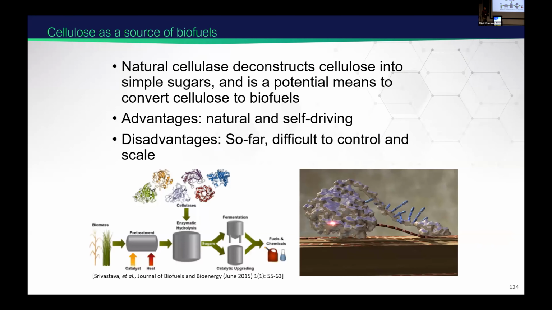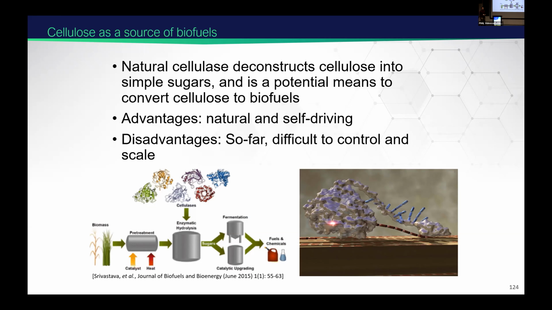Cellulase is a natural method to extract simple sugars from cellulose, and is a good potential technique to get usable biofuels from cellulose. It's natural and self-driving, but it's been difficult to control and to scale up.